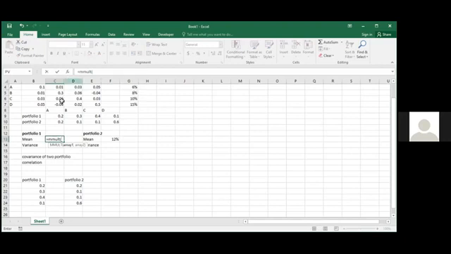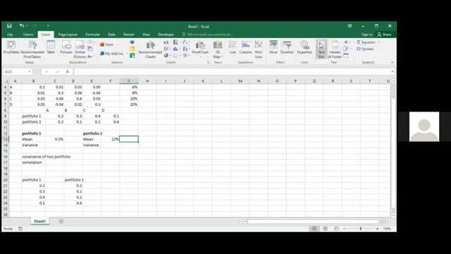So now we consider portfolio 1, C9 to F9, comma, same return measures here. 9.1% here. Now you can enter the equation here.